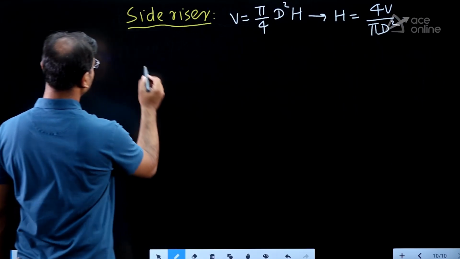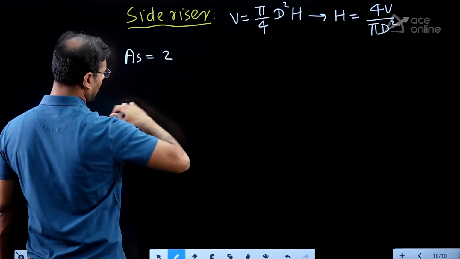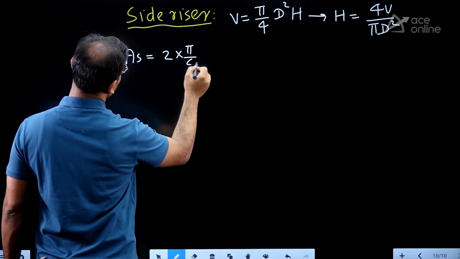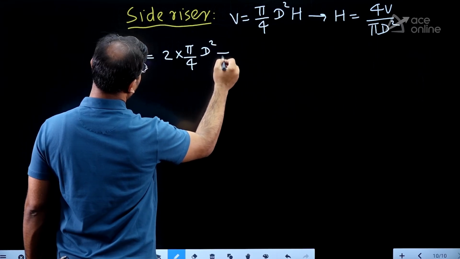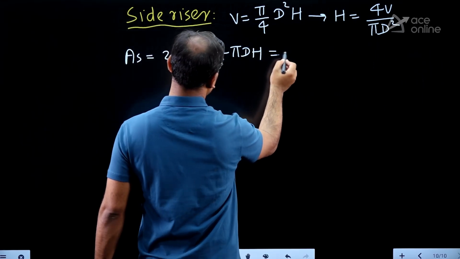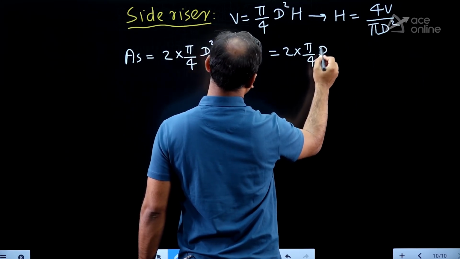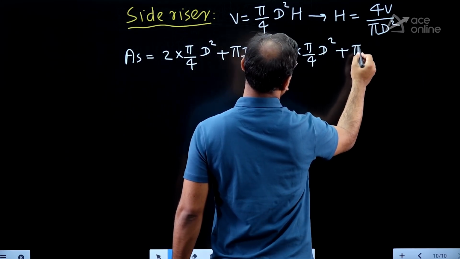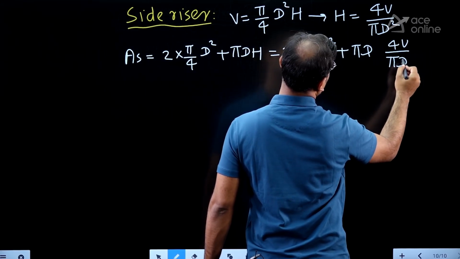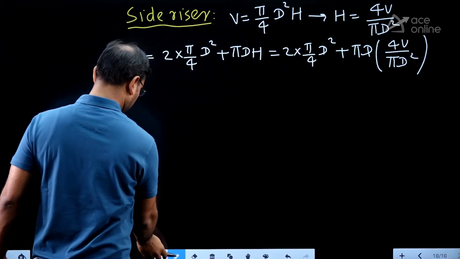Therefore, I am writing here the surface area transferring heat is equal to top area pi by 4 D square, the bottom is pi by 4 D square, therefore it is 2 into pi by 4 D square plus pi D H, where H is 4V divided by pi D square. Correct?